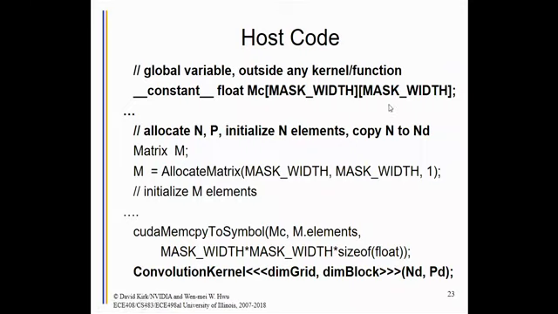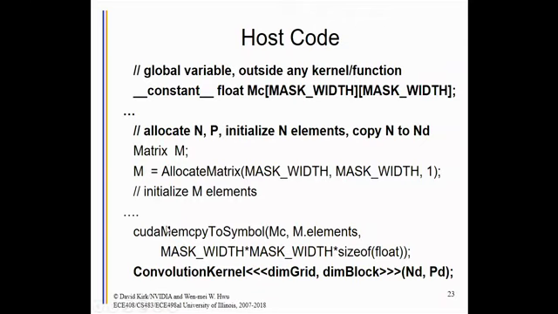This is outside the kernel, and then in the host code, you have to allocate the N, P, and initialize all the N elements and copy N to the N device. So we do the allocate matrix for N. Remember, this thing is going to be copied to the constant memory.